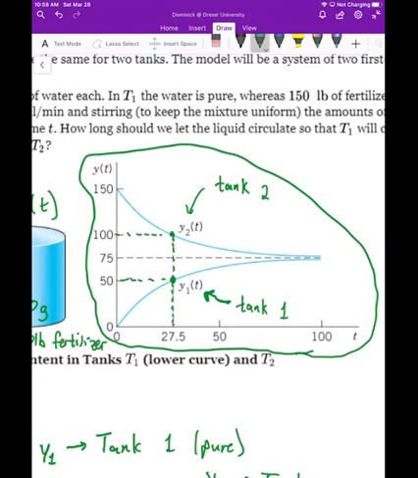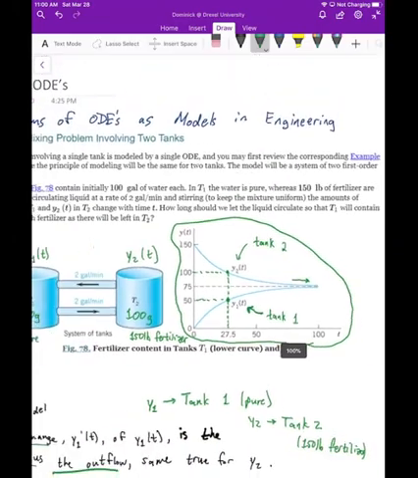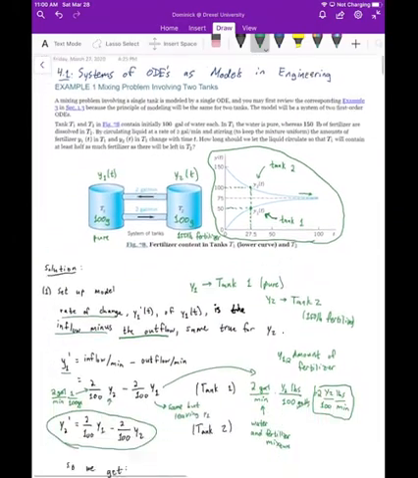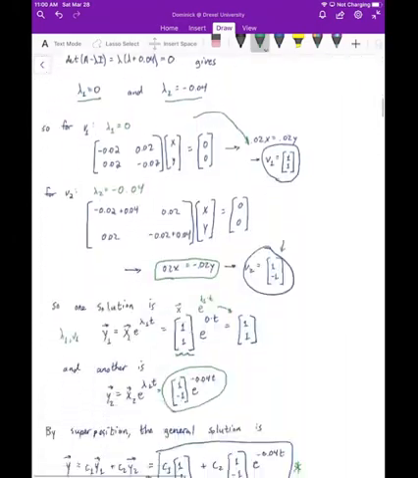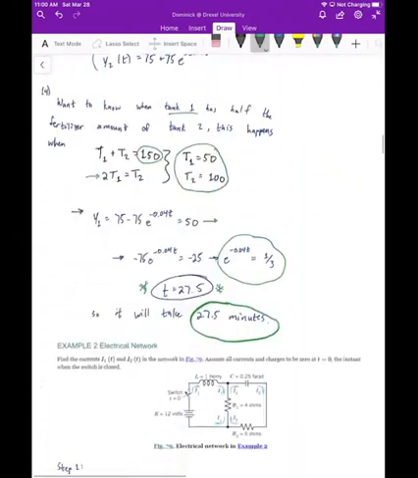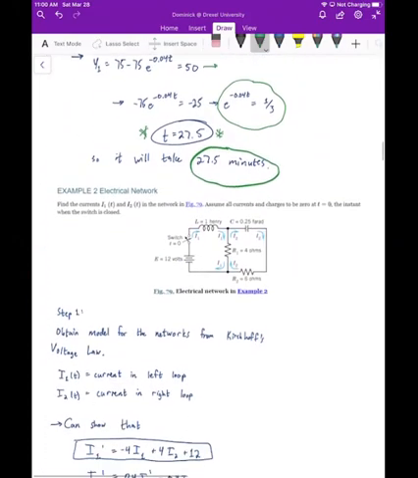This long-term limiting behavior does make sense, because you would expect that after a sufficient amount of time, the amount of fertilizer in the two tanks would get pretty close to about 50-50, which in this case would be 75 each. So that's an interesting example of an application of systems of ODEs in a model.